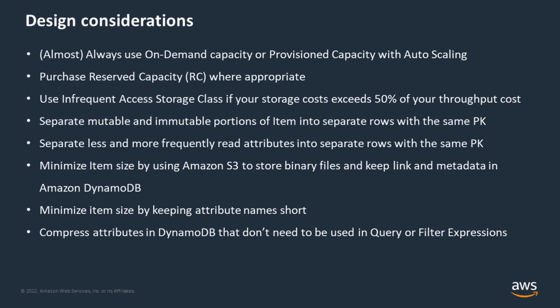And considering you might have millions or even billions of items in your DynamoDB table, that cost savings adds up to shrink down your attribute names. And the last bullet point on this slide is basically pointing out that if you have large items, one way to shrink their size and therefore reduce your costs is to compress some of the attributes in those items that don't need to be searched or indexed on to make the item smaller.